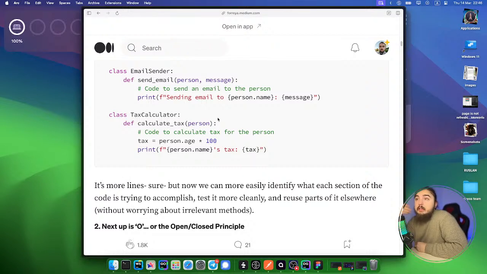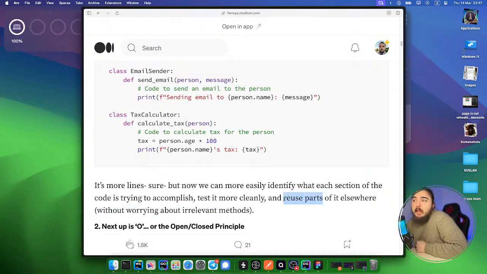It's much more convenient to have all the tax code in one place and not in person and so on. I can say that it's not irrelevant.